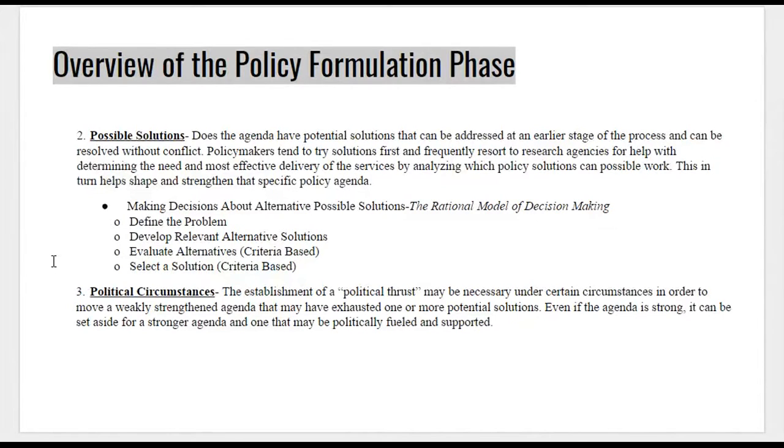So basically this is the start of what can become a policy, but it also focuses on establishing an agenda, finding a problem, seeing what we can do about it, and using what resources we have to move forward.